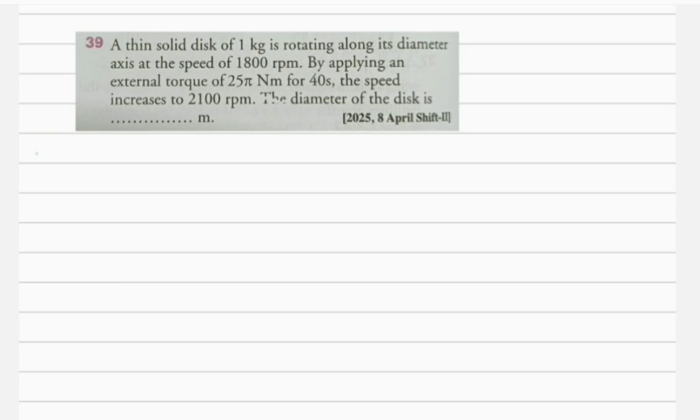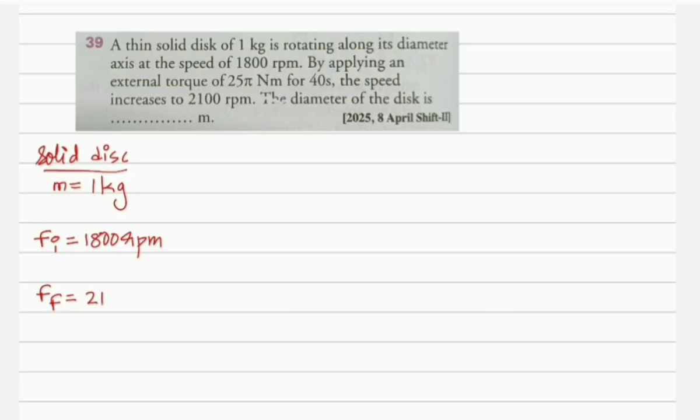Alright. So as per the data, students, it's a solid disc whose mass is 1 kilogram. Initial frequency, let me denote this by Fi, is 1800 rpm. Then final frequency, let me consider that as Ff, is 2100 rpm.